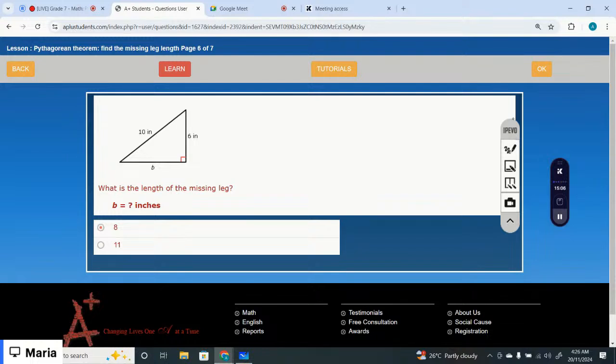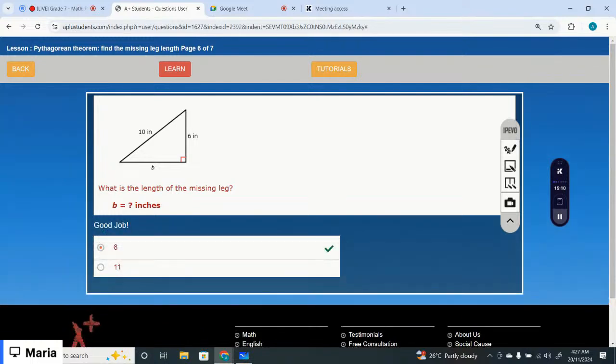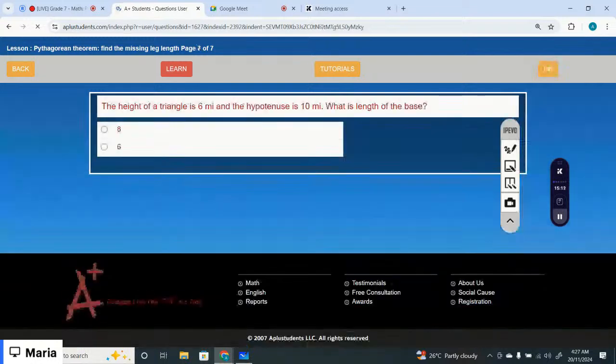Okay, we are left with just one question from the chapter lesson. The height of a triangle is 6 millimeter and the hypotenuse is 100 miles. What is the length of the base? So, which is the correct option?